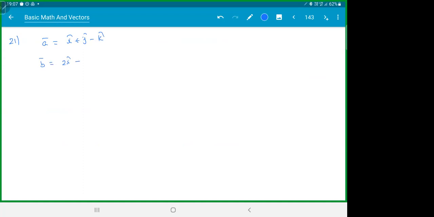B bar is 2i plus 3j plus k. Right? Find the angle between A bar plus B bar and 2A bar minus B bar. Get this?